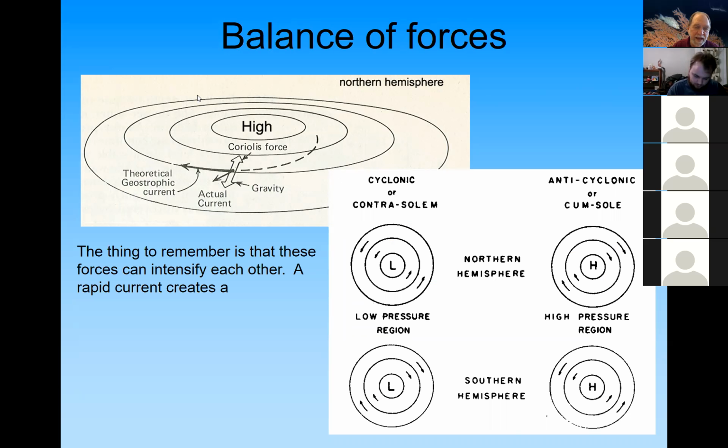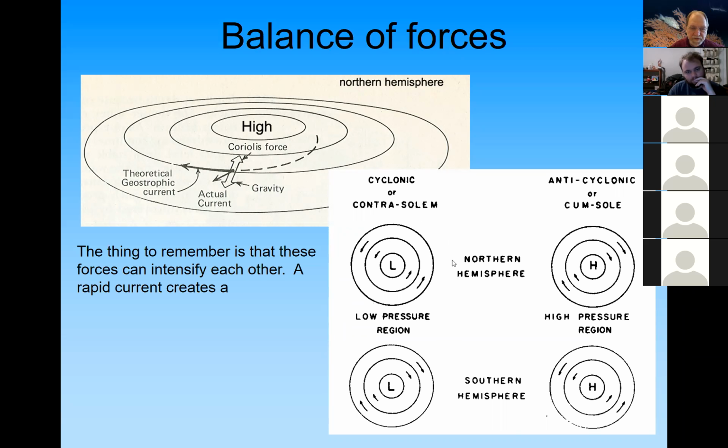So around a high in the northern hemisphere, you get a clockwise motion. Well, the same thing would apply if you had a low pressure region. But in a low pressure region, instead of water or air moving away from the high, water is going to be coming from the surrounding area and flowing downhill to try to fill that low point. Okay.